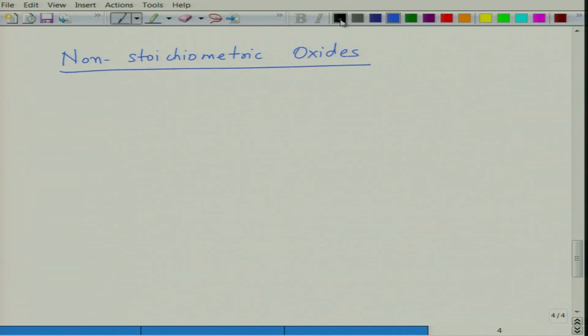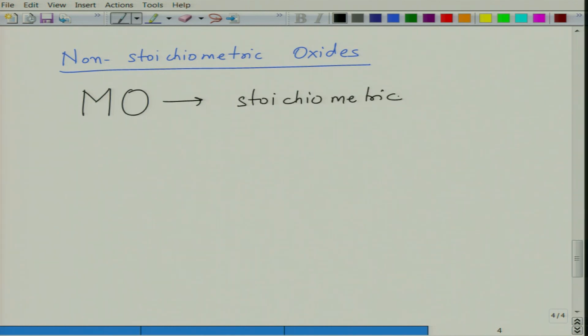We will start with MO, but you can have any oxide. If you have MO, MO is stoichiometric, right. The M to O ratio is 1:1. What happens when you have a little bit of extra M or a little bit of extra O?